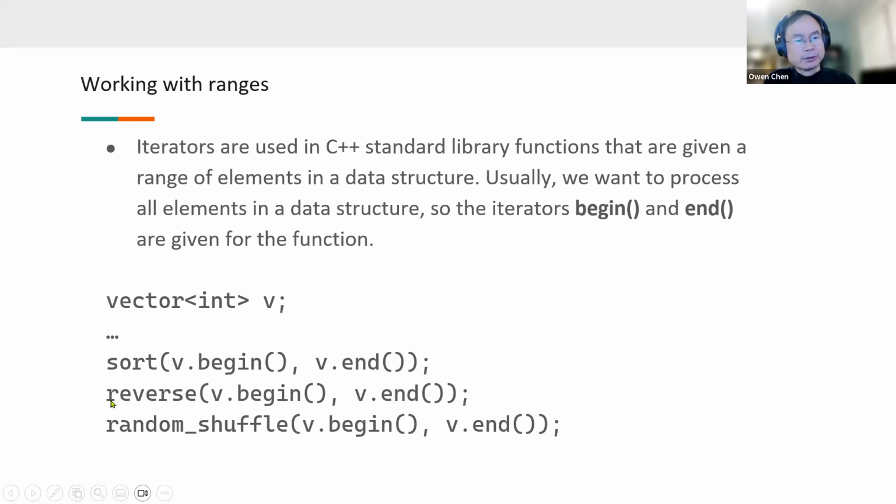If you want to sort in descending order, you call reverse. It's the same beginning and end, but call reverse, and it's sorted in descending order. Or if you want to arrange them randomly, you call random_shuffle. That will make this vector randomly arranged. So begin, end, and sort, reverse are the functions you work with a lot when you need to sort a vector.